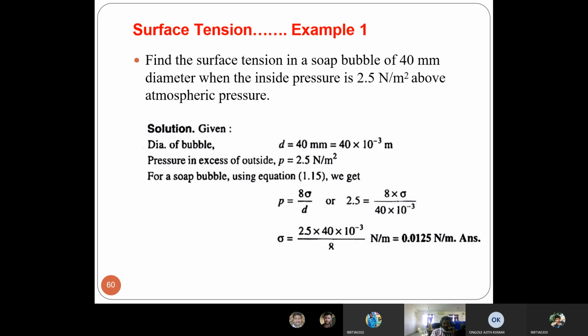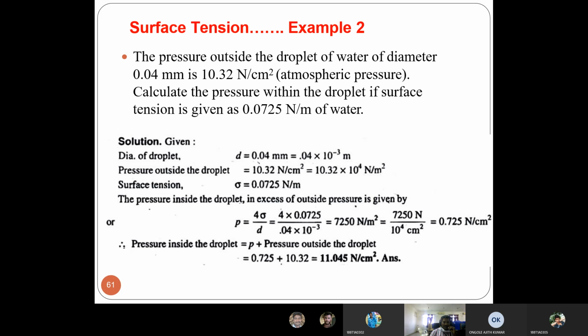And let us see another problem. The pressure outside of a droplet of water of diameter 0.4 mm is 10.32 Newton per centimeter square, atmospheric pressure. Calculate the pressure within the droplet if the surface tension of water is given as 0.0725 Newton per meter.